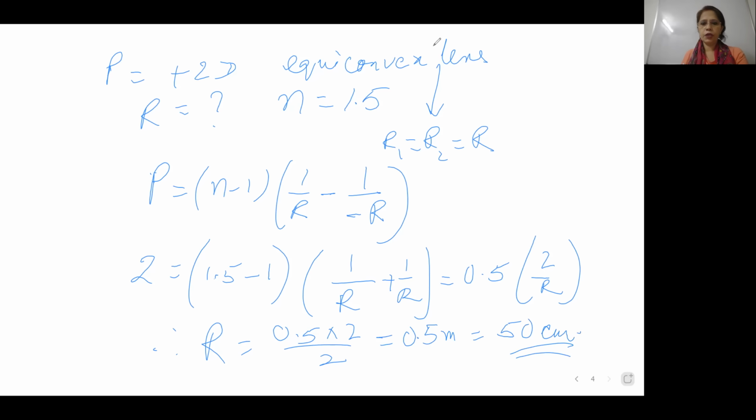Now, I will be giving you some homework. I'm just sharing it, then it will be more clear to you. You will be revising it, because you know that if you practice more and more numericals, then the concepts are very clear.